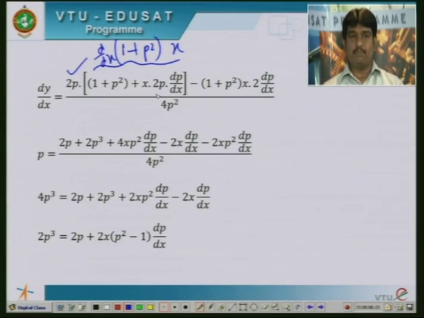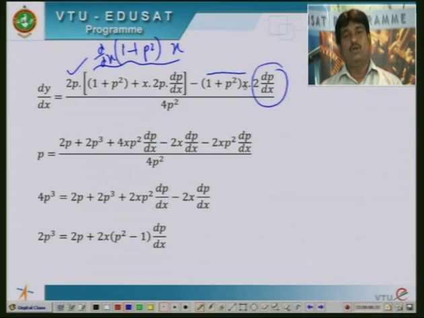Now derivative of 1 plus p square: derivative of 1 is 0, derivative of p square is 2p times dp by dx. Minus numerator, which is 1 plus p square into x, times derivative of denominator 2p, which is 2 times dp by dx, whole divided by 4p square, the denominator squared.